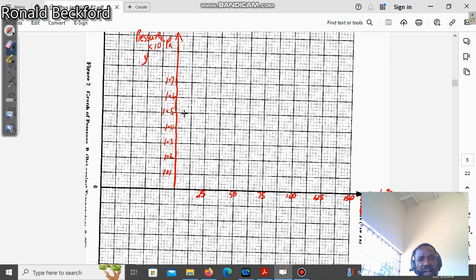So we are to plot the graph of the pressure versus the temperature on the Celsius scale. If it were the absolute temperature, we would have to convert these temperatures to Kelvin, but for simplicity, I'm just going to use the Celsius scale here.